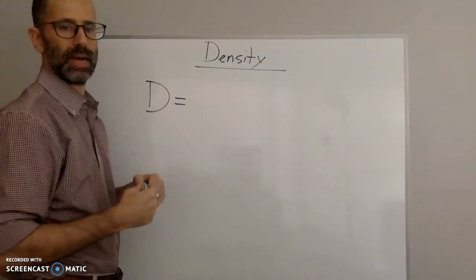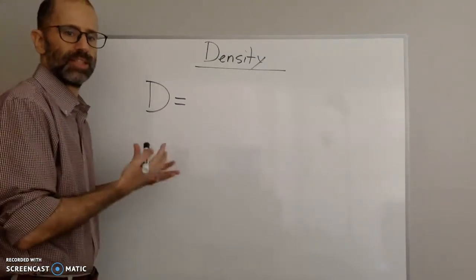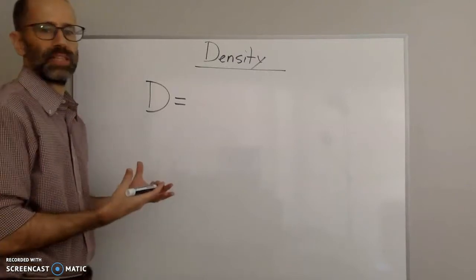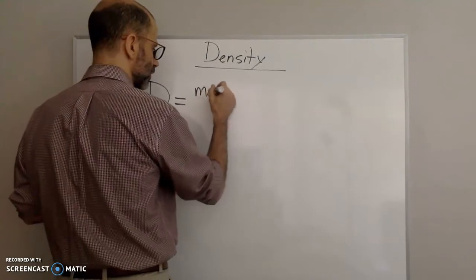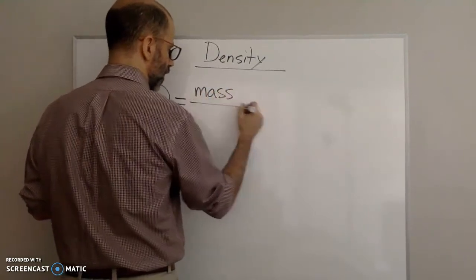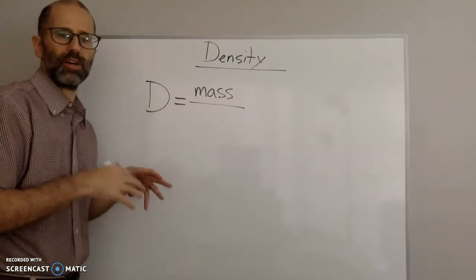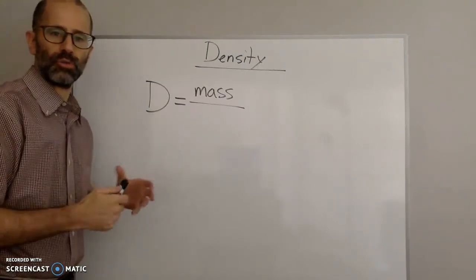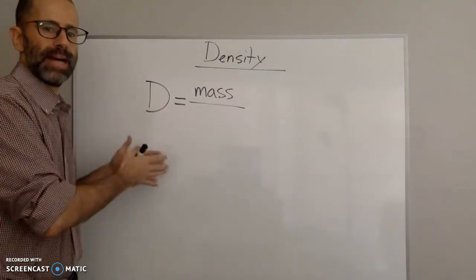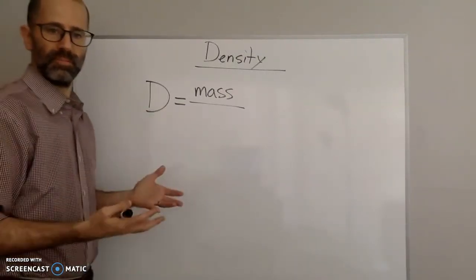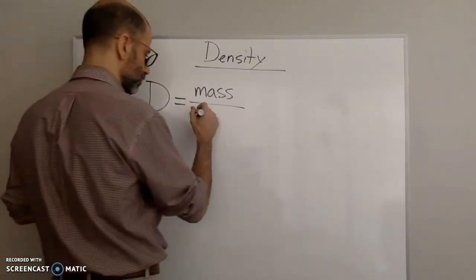Last time we talked about the difference between mass and weight. So we're talking about the stuff that's in something. So that's going to be mass, and that's in a given area or space or volume. So we're going to divide that into, so it's mass per given space. So that's going to be volume.